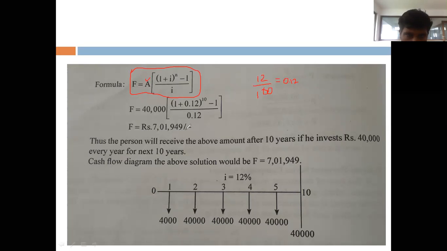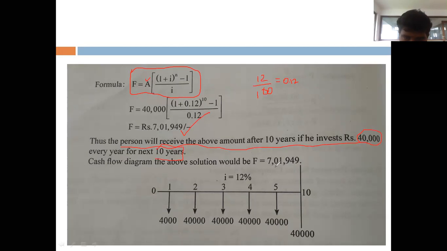So the future amount is 7 lakh 1,949. The person will receive this amount after the 10 years if he invests 40,000 for the next 10 years.